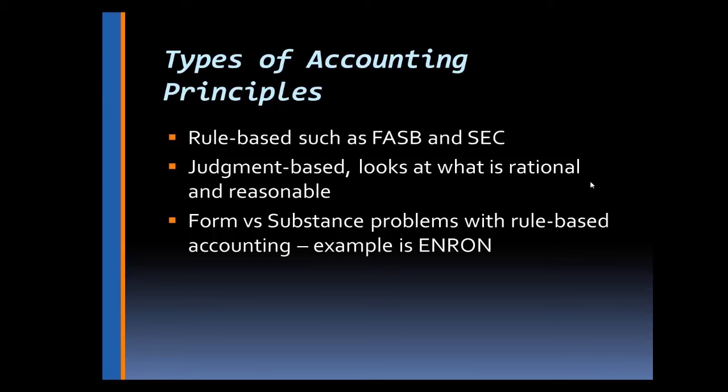But if you looked at the substance behind them and the contortions that were taking place in twisting the application of these rules, you'll find that there was a mass distortion, which ultimately brought down the Enron Corporation as well as a number of other companies in the early 21st century.